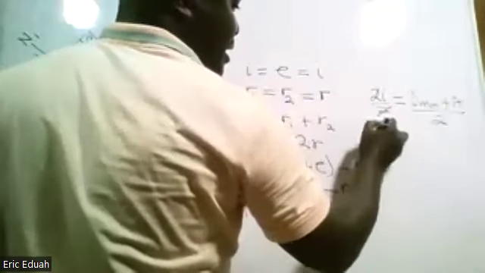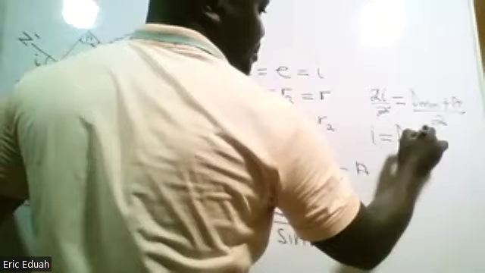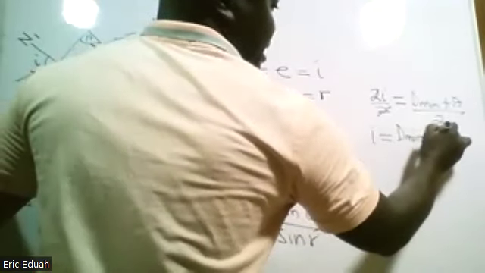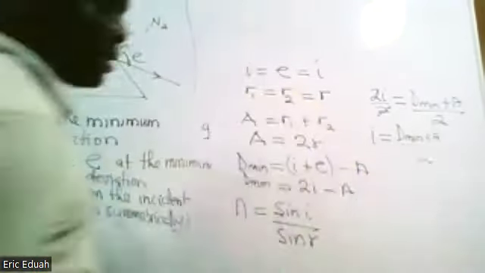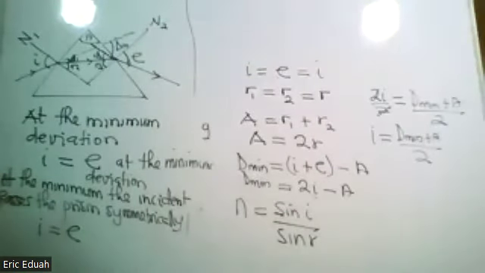So I is equal to D minimum plus A over 2. That's the expression for I.